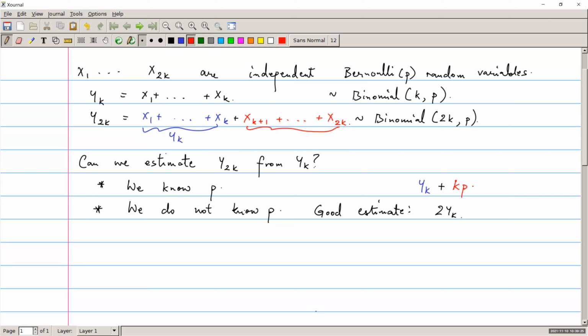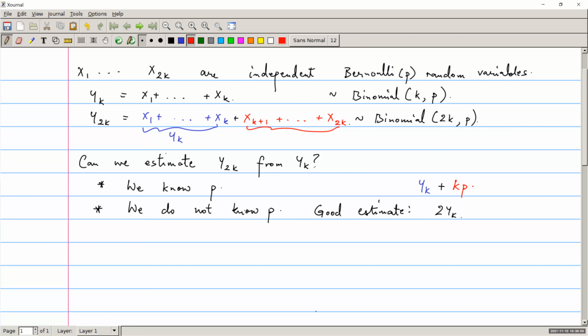The red part is the sum of k different Bernoulli p random variables, and the best way to represent a random variable with a number is using its expectation. So that would be k times p. Is everyone okay with this?